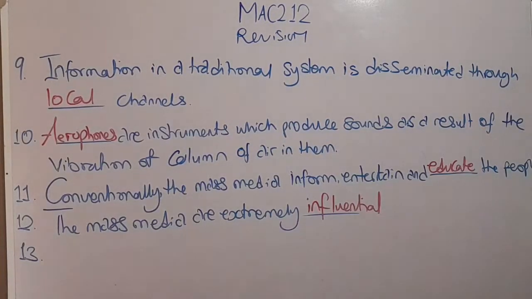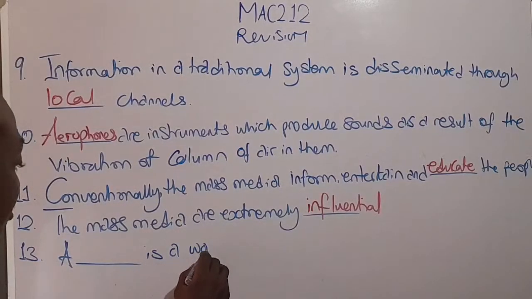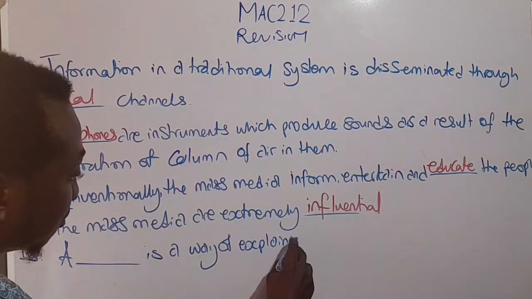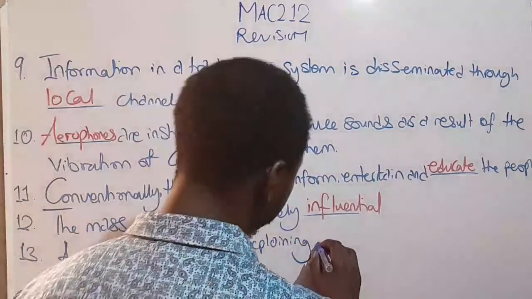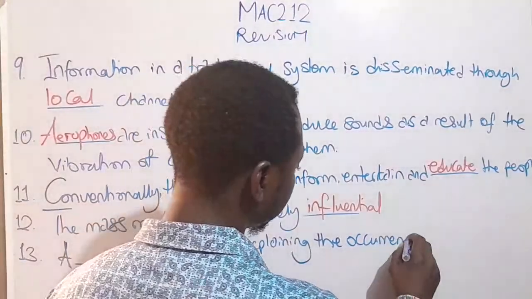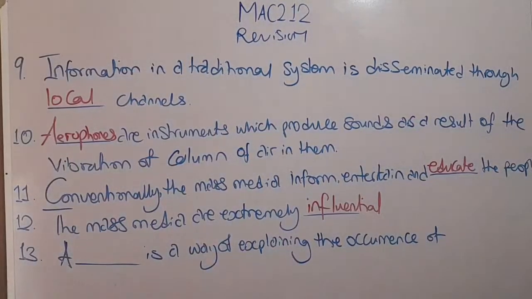A dash is a way of explaining the ordering and occurrence of different events in the society.